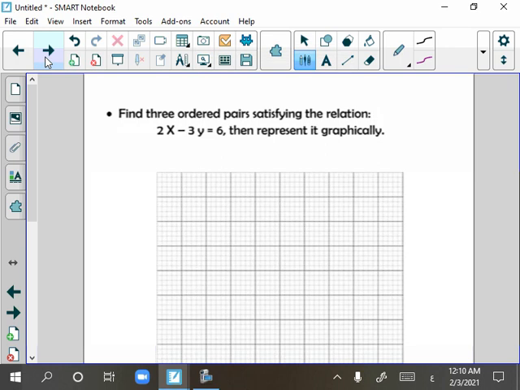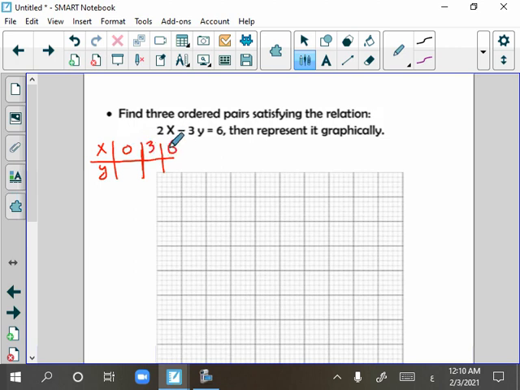Find 3 ordered pairs satisfying the relation 2x minus 3y equals 6, then represent it graphically. How can we find 3 ordered pairs? We will make a table, x and y. For any number of x, you can put 0, like 0 and 3 and 6.